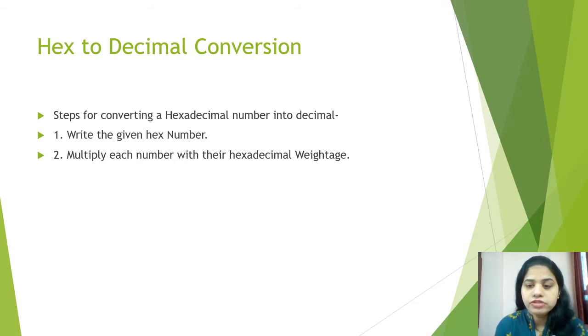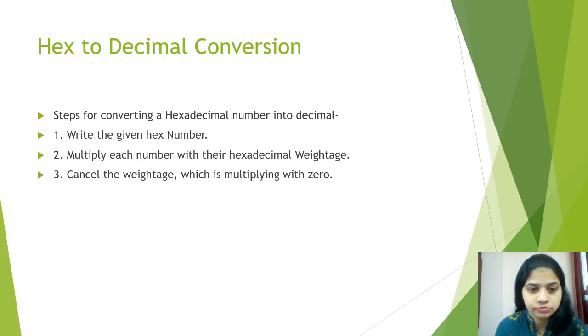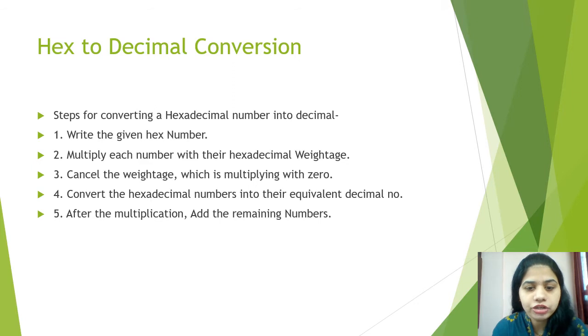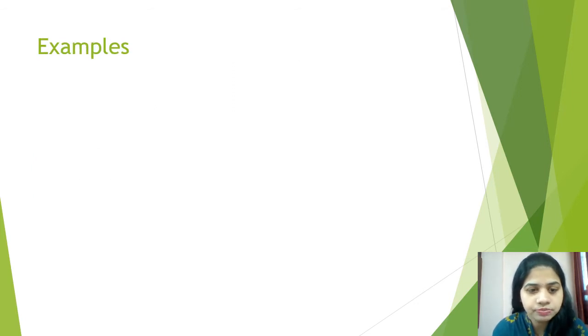The power of 16 depends on the place of that digit. Then we have to cancel the weightages which are multiplying with 0, because we know that 0 multiplied by any number results in 0. Then convert the hexadecimal digits into their equivalent decimal numbers. After the multiplication, we have to add the remaining numbers and we will get the result.